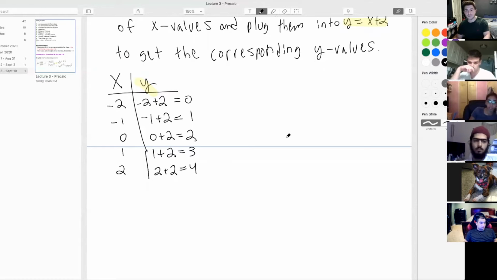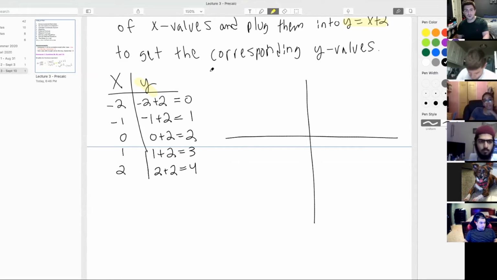Okay, so let's graph them. The first point is -2, 0. So that will look like this. The next one is -1, 1. So that's going to look like that. Next one is 0, 2. Then 1, 3.